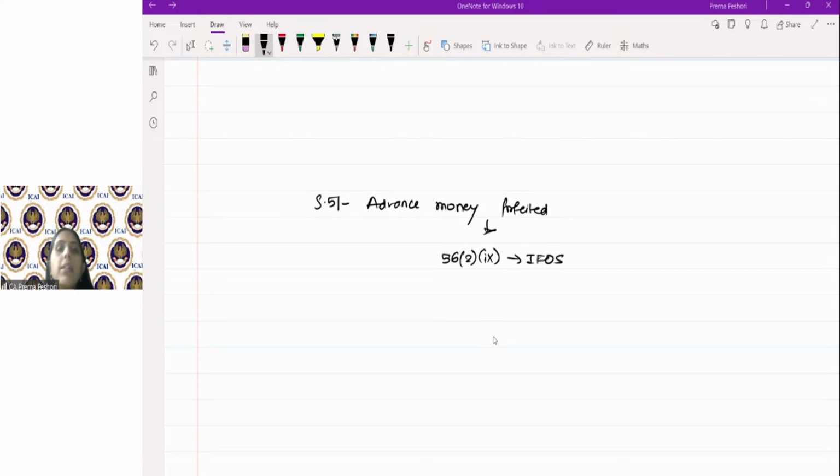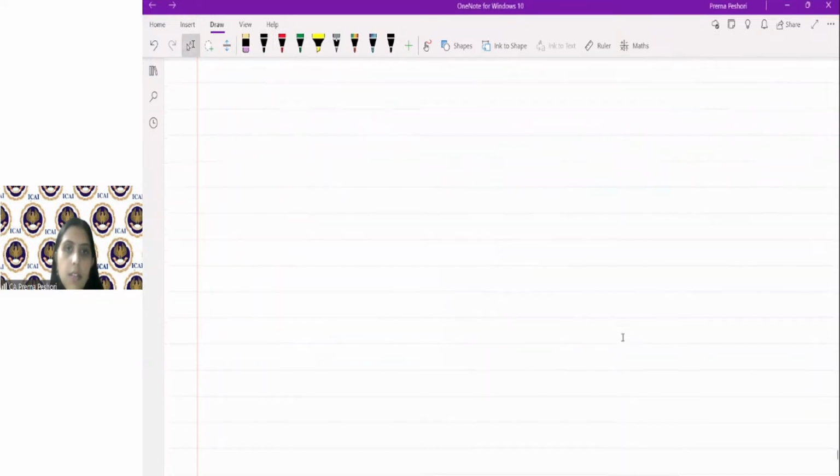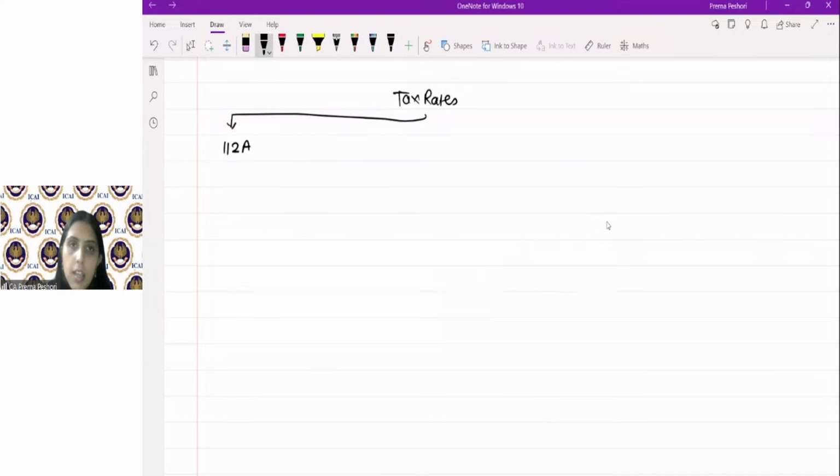So what are the tax rates for the capital gain? We have 3 tax rates: 112A, 112 and 111A.